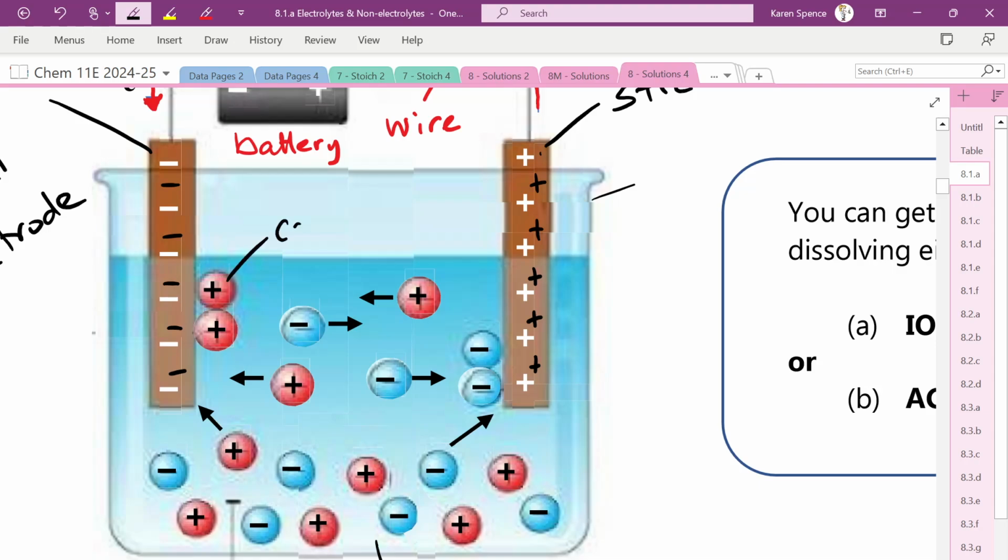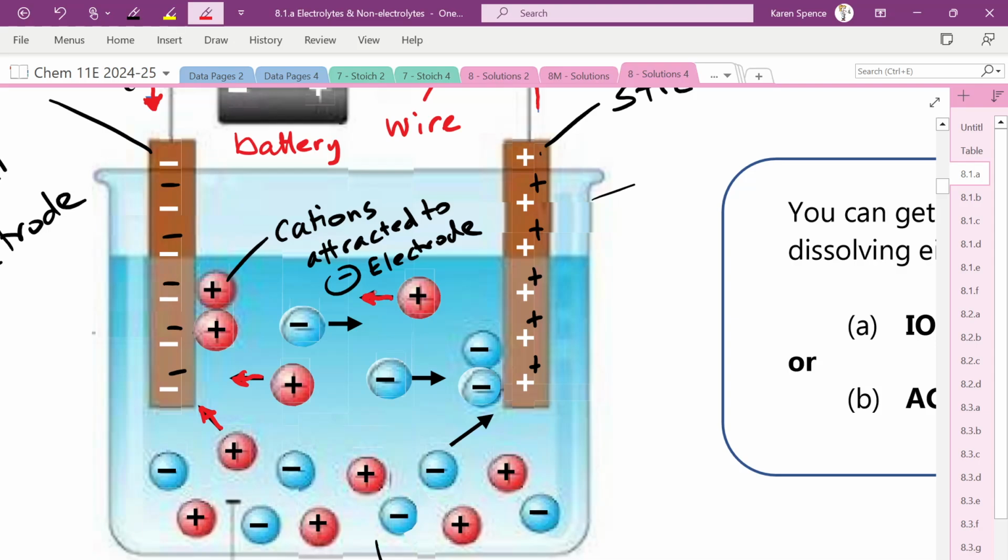So the cations are attracted to the negative electrode. So that's why every time you see a little positive, we have arrows pointing that way. And I would have drawn more, but it gets really messy.